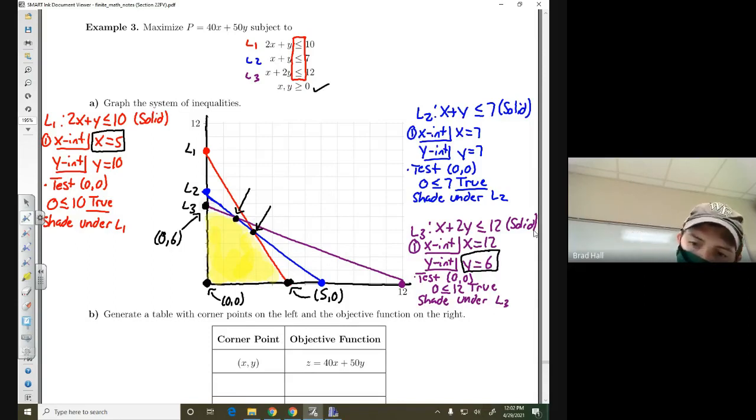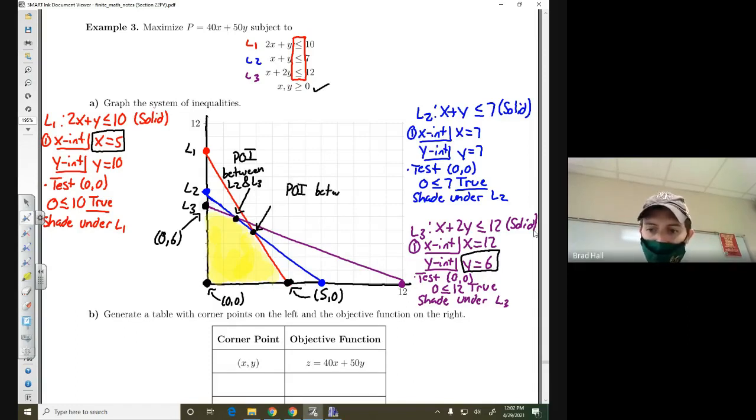The first one is the point of intersection, POI, between L2 and L3, because that's where the second and the third line intersect. And then the other point is the point of intersection between L1 and L2.